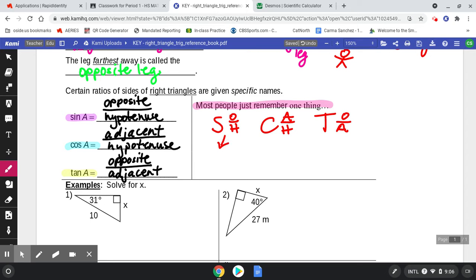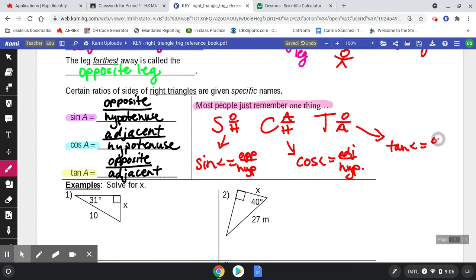So the Soh stands for the sine of an angle is equal to the opposite over the hypotenuse. The Cah stands for the cosine of an angle is equal to the adjacent over the hypotenuse. And finally, the Toa stands for the tangent of an angle is equal to the opposite over the adjacent. By remembering this little trick, Sohcahtoa, we can quickly remember what the sine, cosine, and tangent stand for.